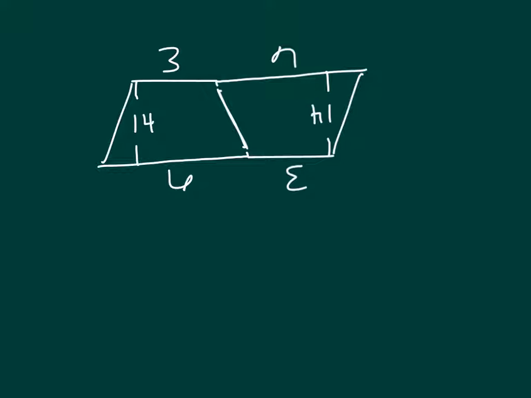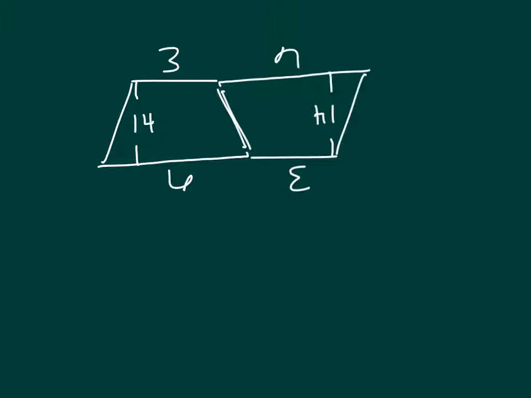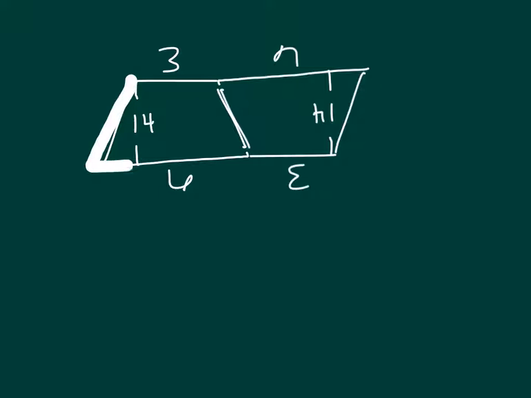Okay? What you'll notice is when you have two trapezoids placed together that are identical, two congruent trapezoids, it creates a parallelogram. Okay? So here we've created a parallelogram.